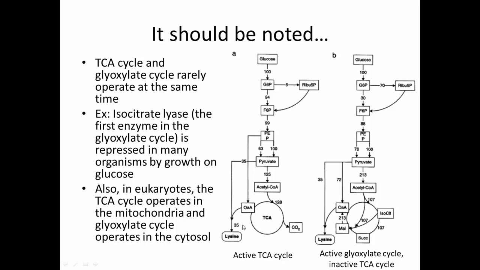In other words, when their TCA cycle is active. Also, if we're talking about eukaryotes, the TCA cycle operates in the mitochondria, and the glyoxylate cycle operates in the cytosol. So they're compartmentally separated. So they aren't necessarily redundant. They're not dependent on each other because they're occurring in two different spots.